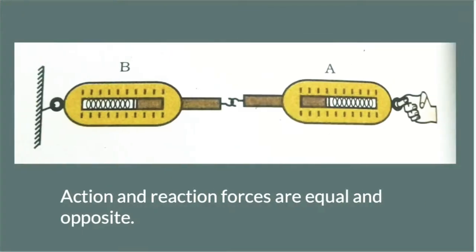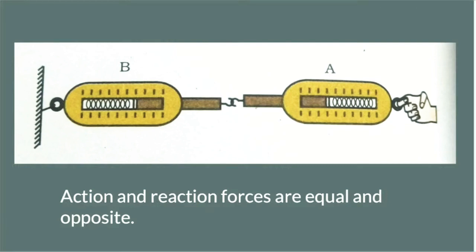Let us consider two spring balances connected together as shown in the picture. The fixed end of balance B is attached to a rigid support such as a wall. When a force is applied through the free end of spring balance A, it is observed that both the spring balances show the same readings on their scales.